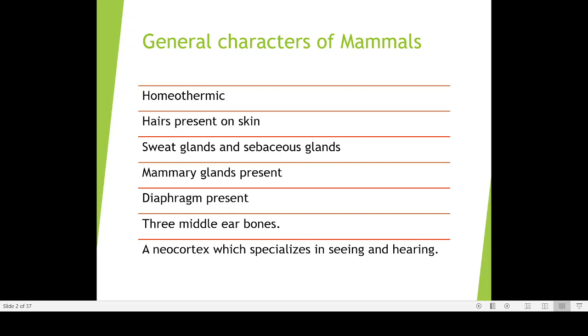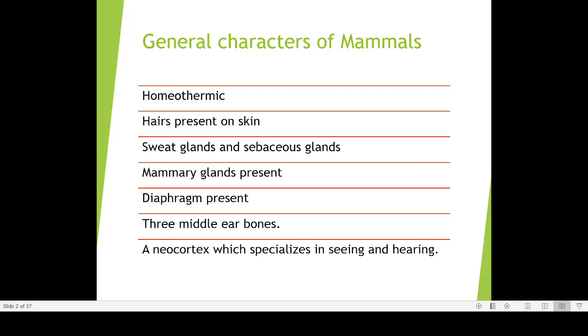middle ear bones. The purpose of these middle ear bones is this: we have our outer ear, and at the end of the outer ear we find a membrane, which we call the eardrum. Whatever sound waves reach the eardrum have to be taken to the inner ear, and for that, three bones are connected with each other.